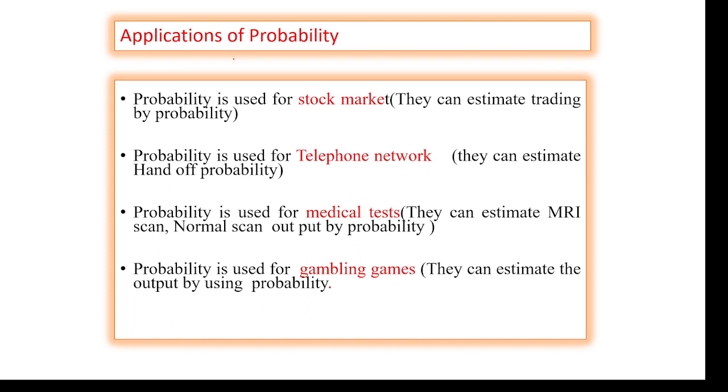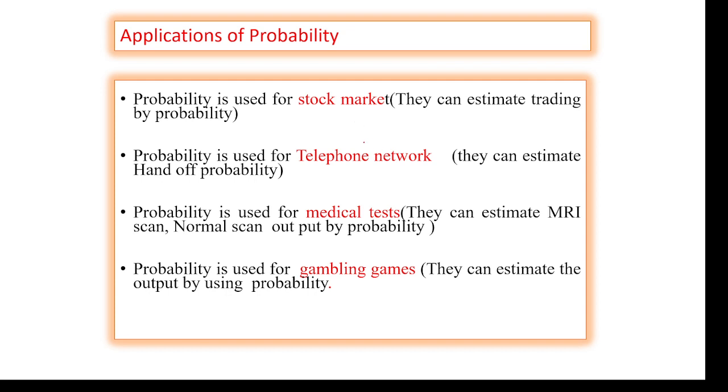These are the applications for probability. Probability is used in stock markets for estimating trading, and probability is used in telephone networks: how many calls are transmitted, how many calls may be received, or what is the handoff probability, what is the call blocking probability.